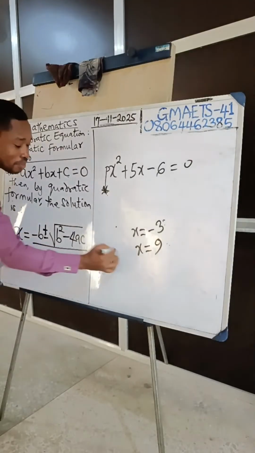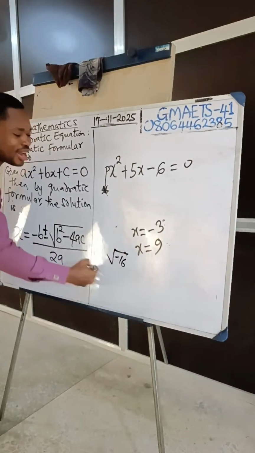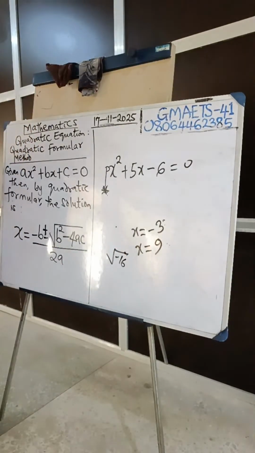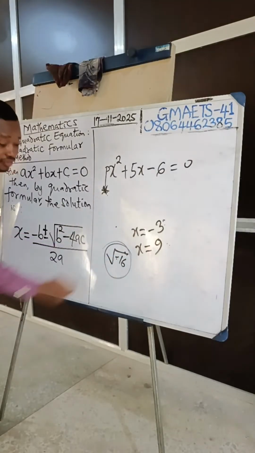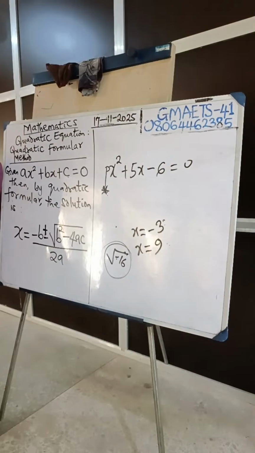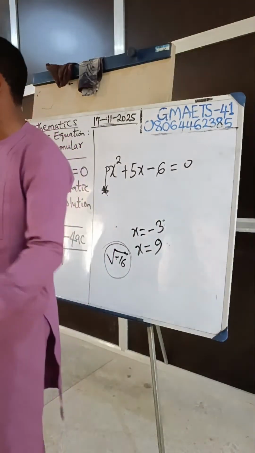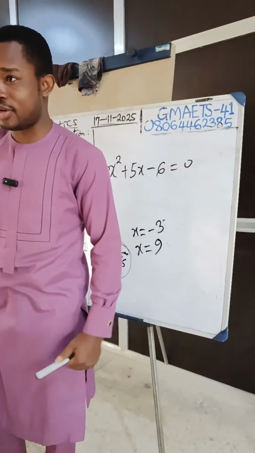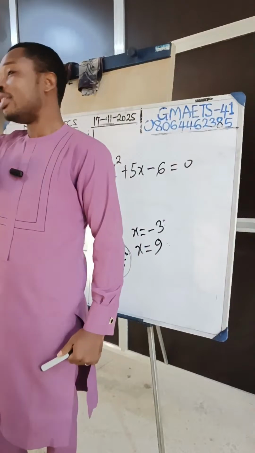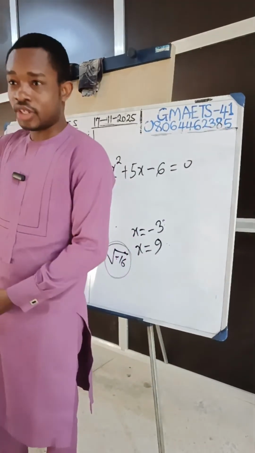Let me assume you have the square root of minus, let's say, 16. Once you have a minus inside this square root, your calculator cannot give you the answer. If you press it, it will tell you math error, or syntax error, or whatever error. Such a number is not real. We call it imaginary. In your 100 level, or in further maths, you're going to deal with something like that.